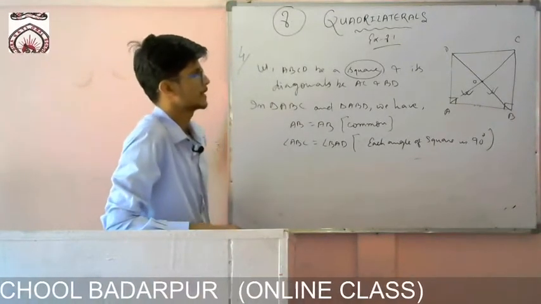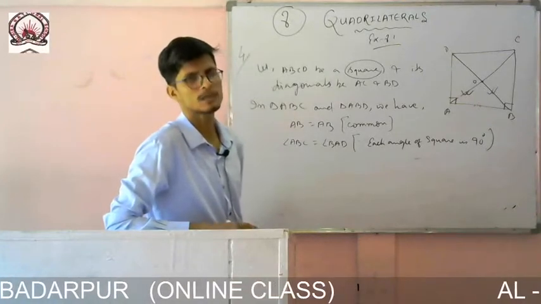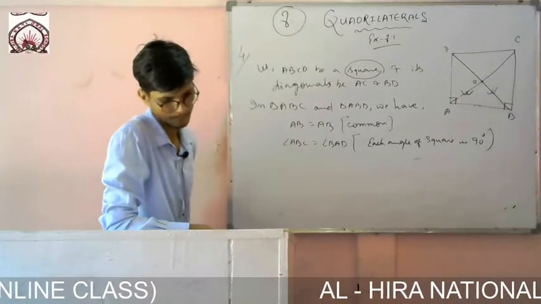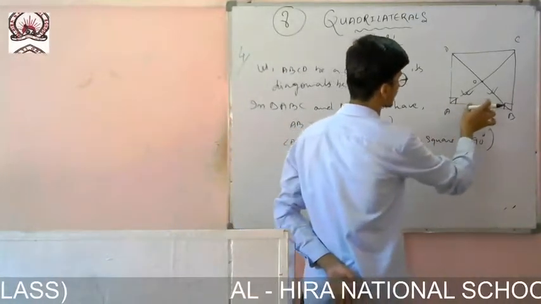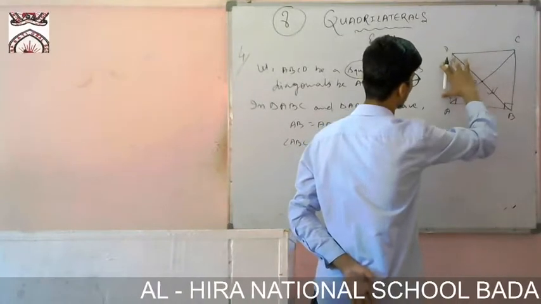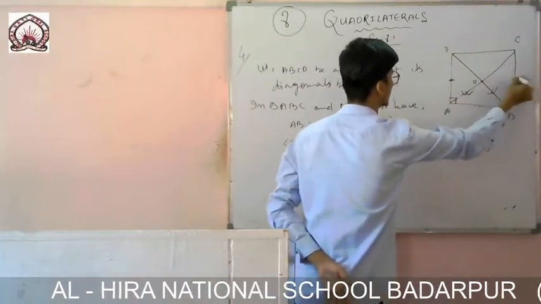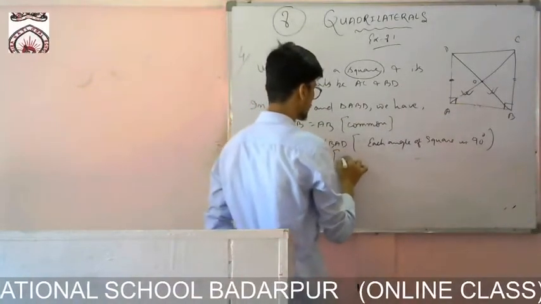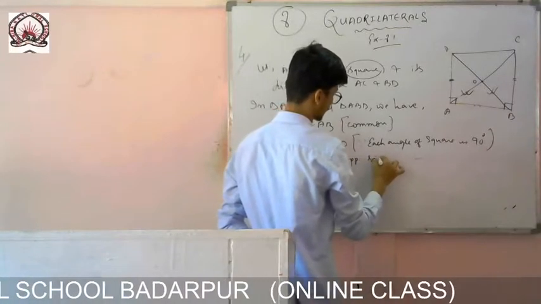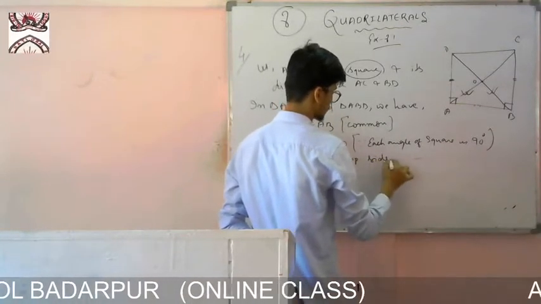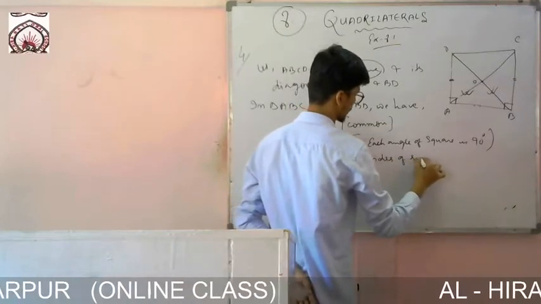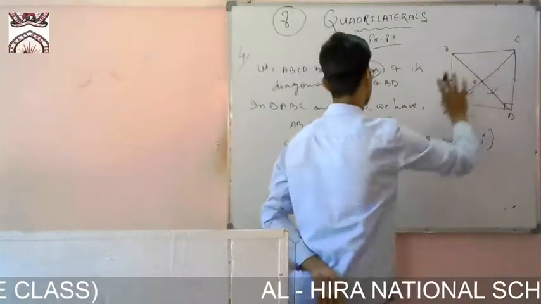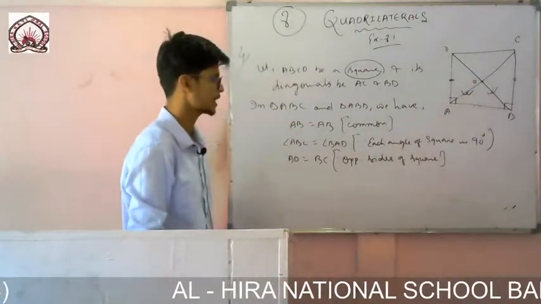And in a square, all four sides are equal. So I can take this side AD and that side BC: AD is equal to BC, since they are opposite sides of a square.